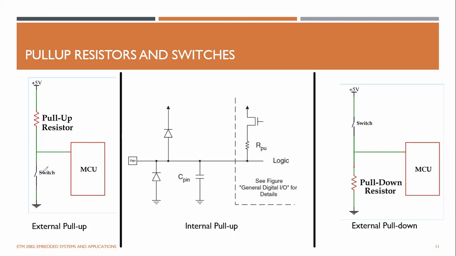Now, let's see an example. You can use an LED. This is an LED. If someone presses this switch, then only this LED should light up. Otherwise, the LED should be off. So what you do is you have to read this as an input, the voltage level.